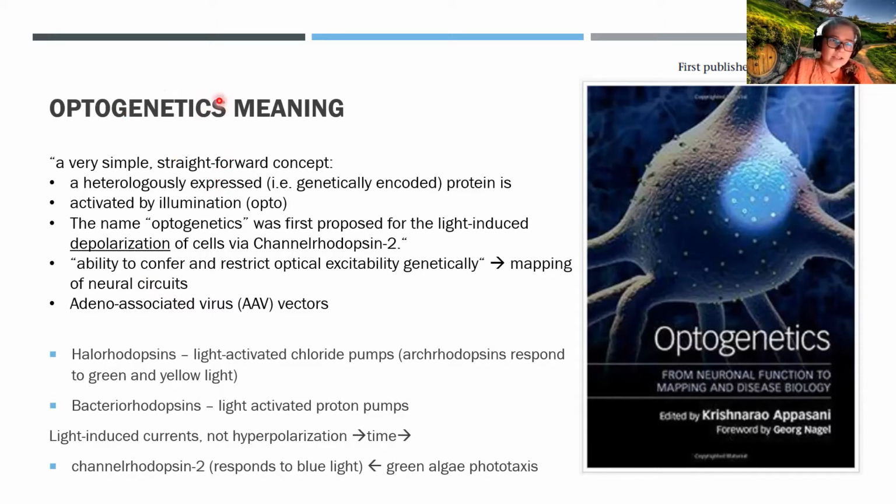The genetics part usually refers to adeno-associated virus vectors, because we insert channelrhodopsin or other opsin proteins into these vectors, and the cells that are depolarized, for example in this case, were transfected with these vectors. The biggest application of optogenetics was actually in neuroscience.